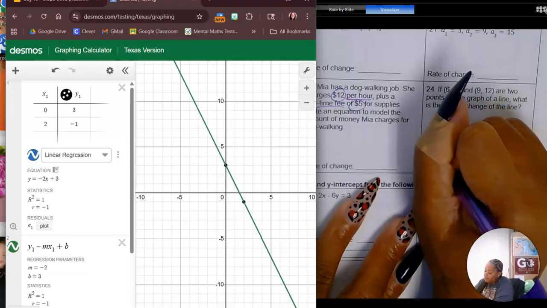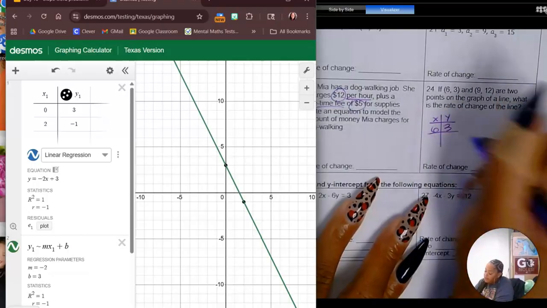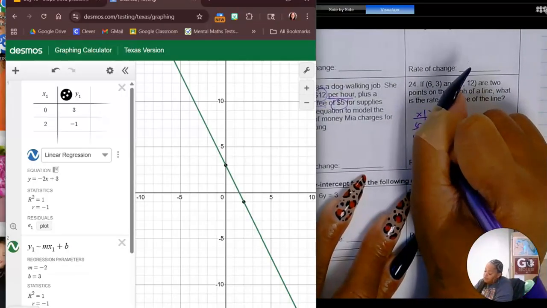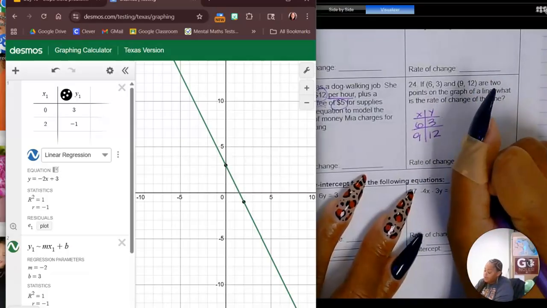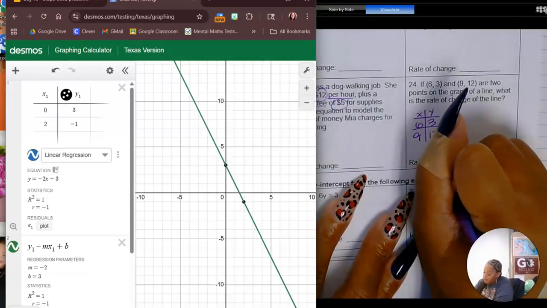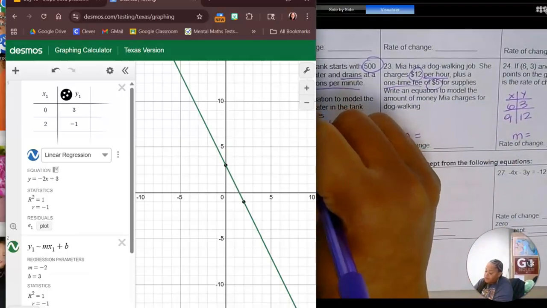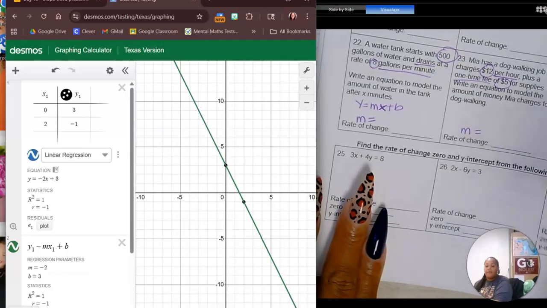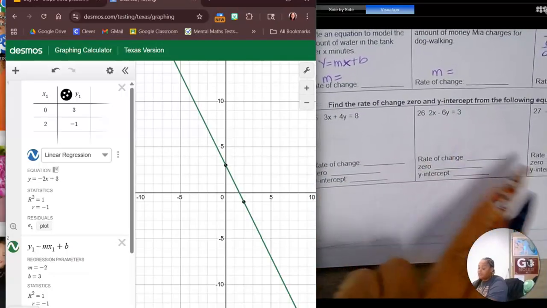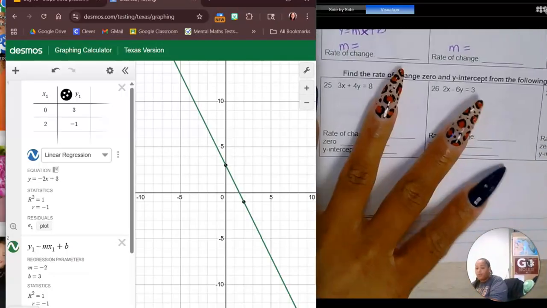X, Y, 6, 3, and 9, 12. This goes to Desmos, and you need your M here. You need your M here, and you need your M here. And then for questions 25, 26, and 27, you have to do 4 things here.